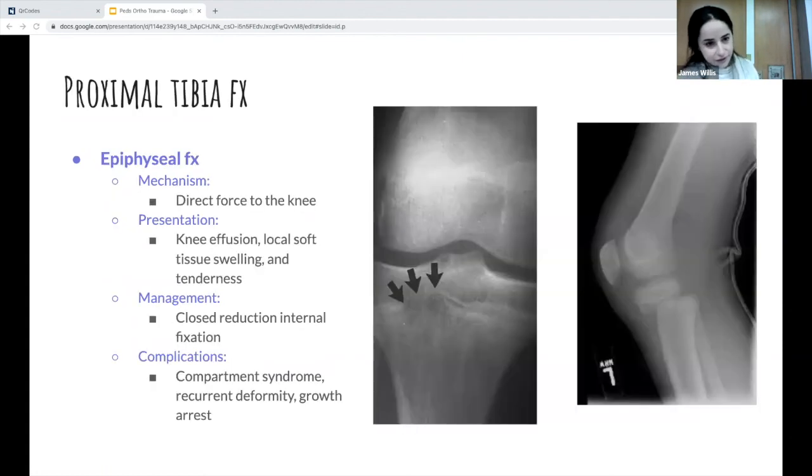Proximal tibial fractures or tibial plateau fractures will have knee effusion, local soft tissue swelling, and tenderness. The management will be closed reduction and internal fixation, and these are known to cause compartment syndrome. Here you can see how this one is posteriorly displaced, which is also going to cause vascular injury, damaging the popliteal vessel.